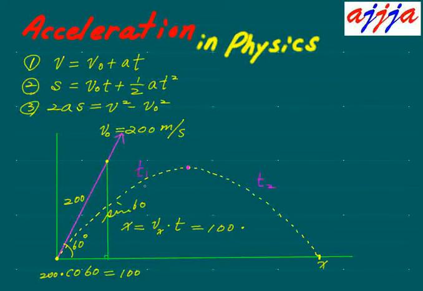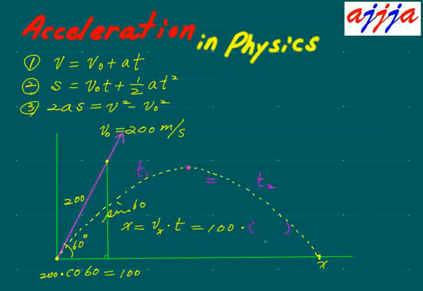The time going up and the time coming back are exactly the same, that's why T1 equals T2. So if we find T1, we multiply by 2 and we get T. All right, let's find it.